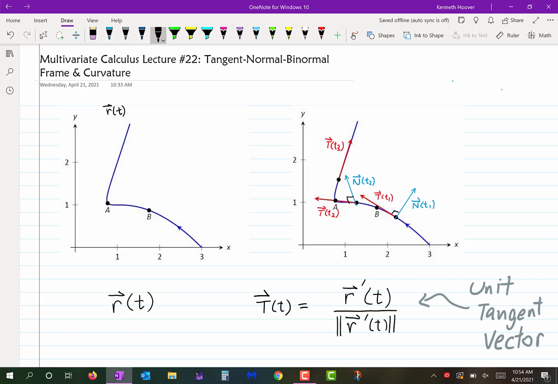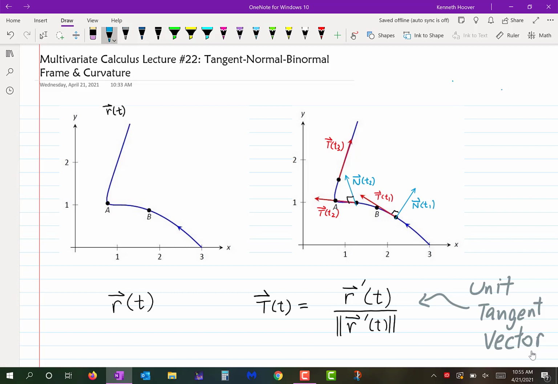The vectors capital T and capital N have changed: not only has capital T changed directions, but it has also twisted. And that has caused capital N to swing around a little bit. Okay?